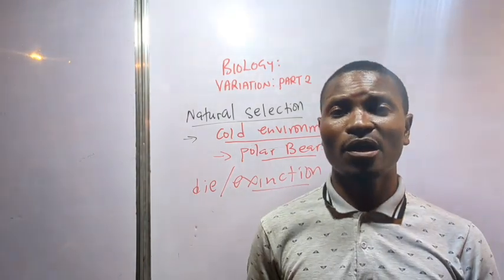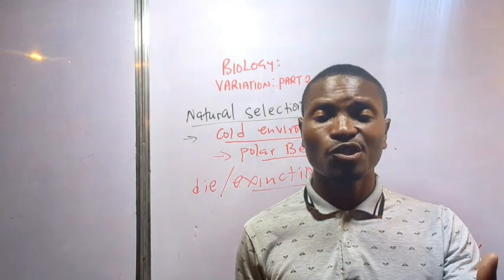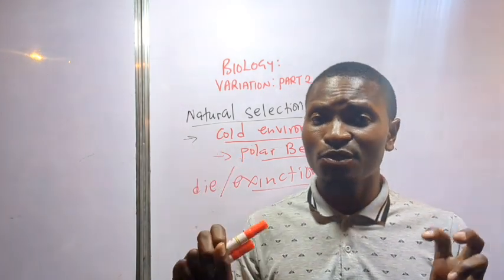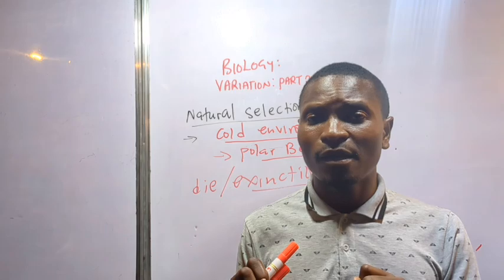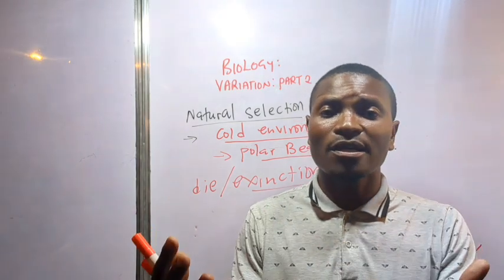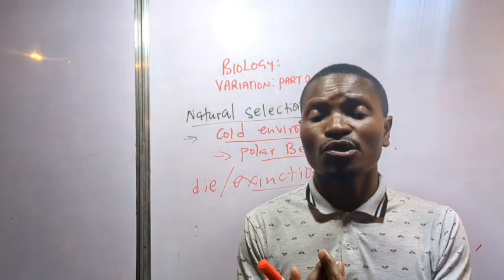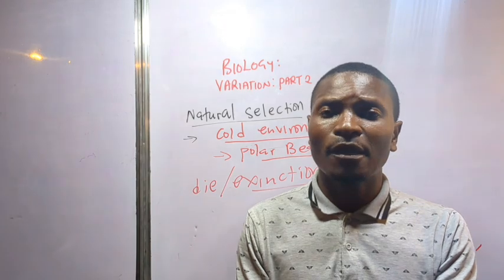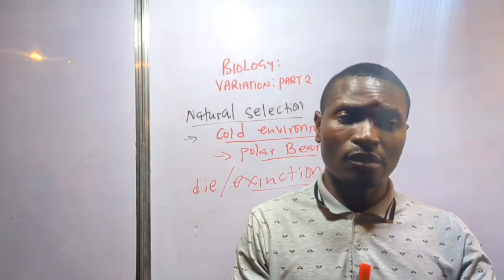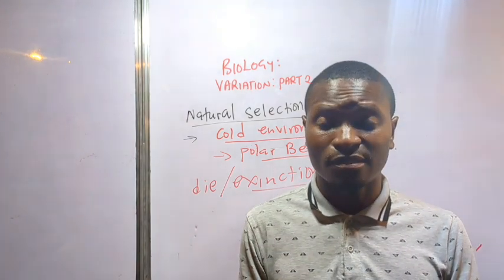And this is the reason why, when you go back to your history, there are those animals we call dinosaurs, and at this time we no longer see them. We also used to see the ostrich, and they are no longer seen anymore.